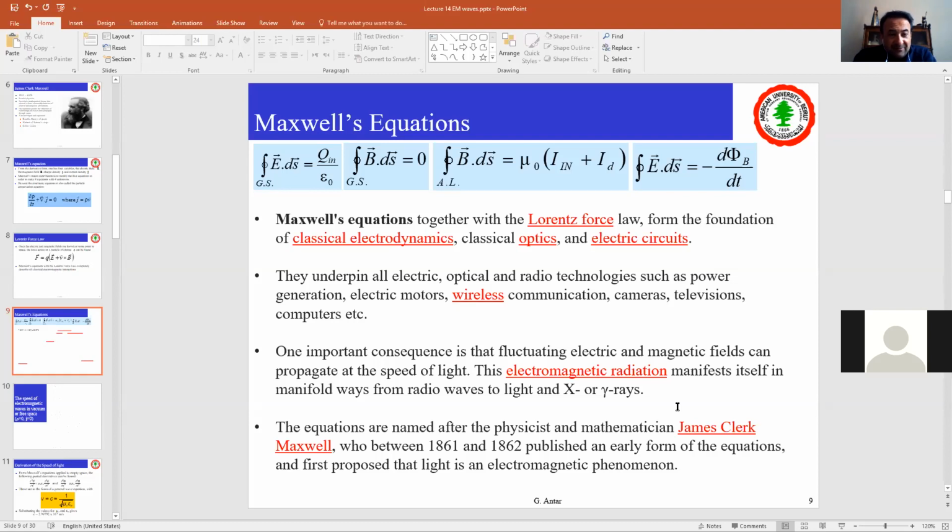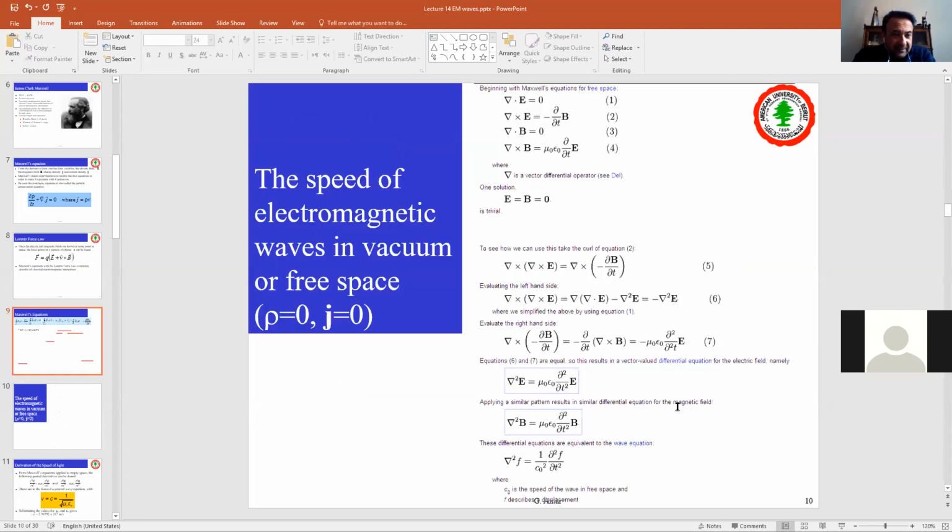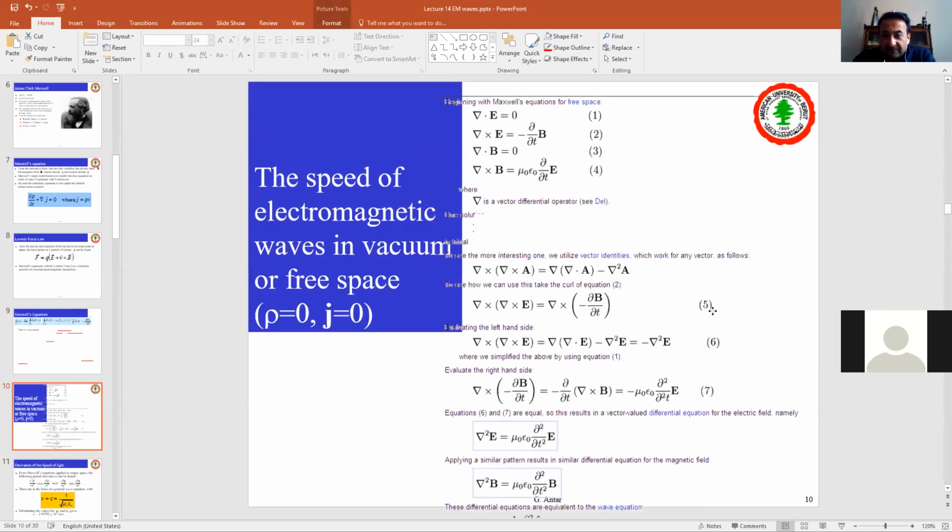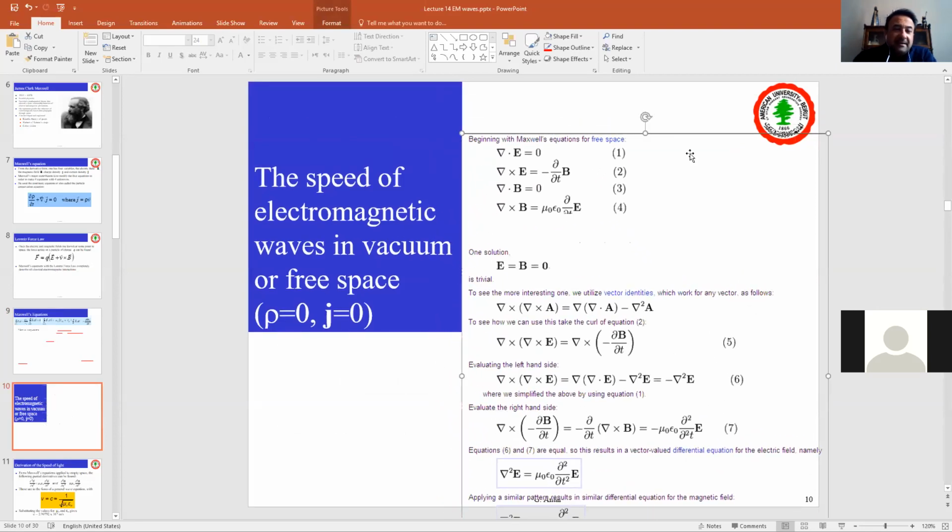So bear with me on this wave graph here. I'm going to use the Maxwell equations in their differential form and not in their integral form.